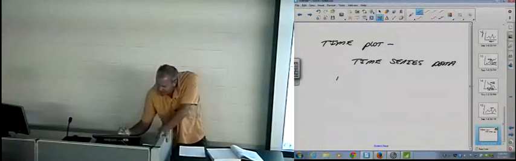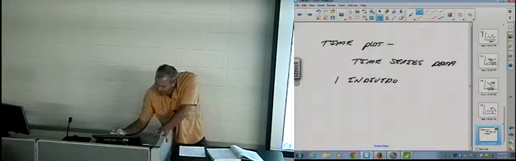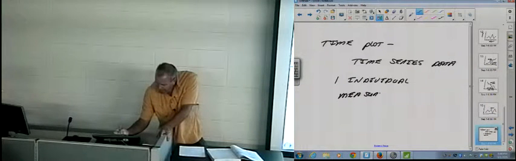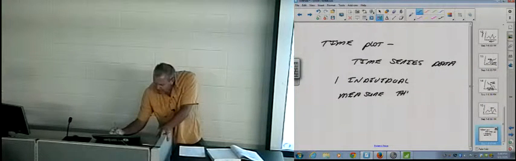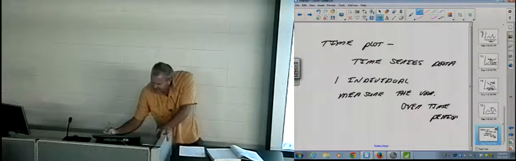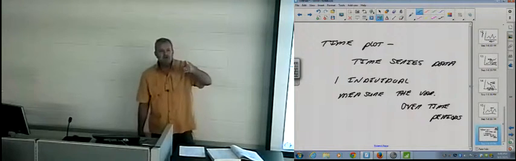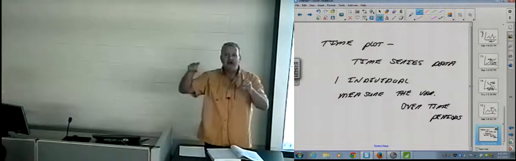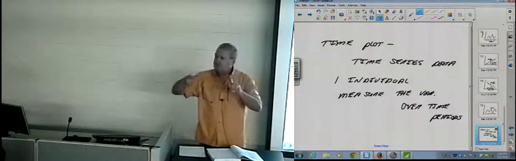You have one individual, and you measure the variable over time periods. That's what you're seeing in a time plot. There's only one individual. And then what you're doing is you're measuring the same variable on that one individual at different time periods, right? Whether it's a long, up, down, cyclical.